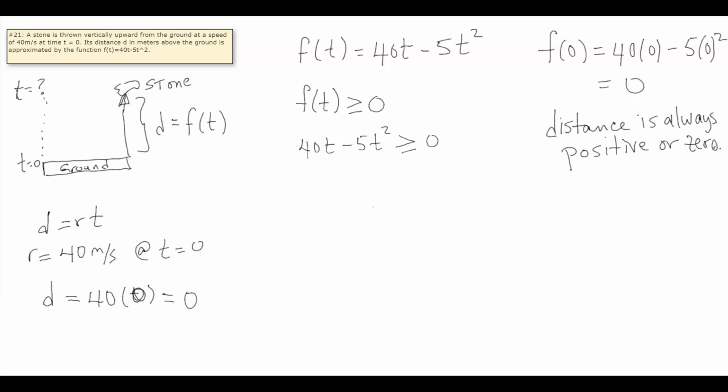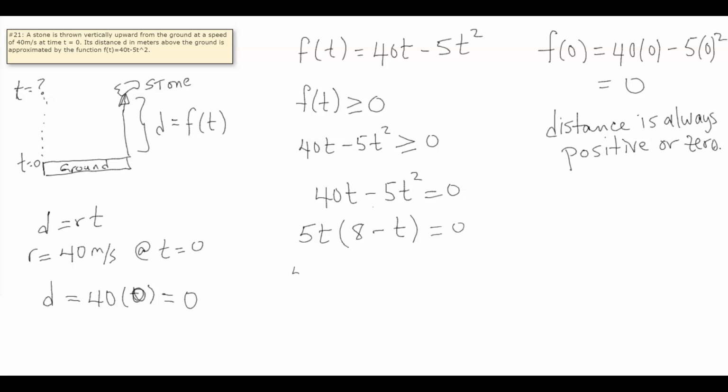As we did in class, the way you solve this is that at first you treat it as if you were setting the equation equal to 0. So 40t minus 5t squared equals 0. We can do that by factoring 5t. We're left with 8 minus t equals 0.